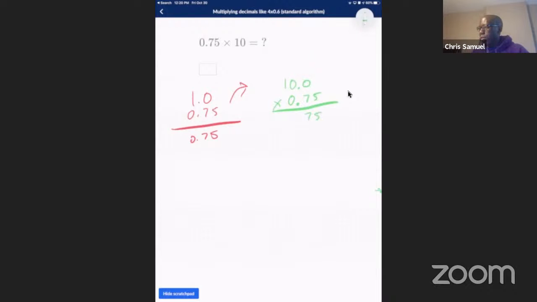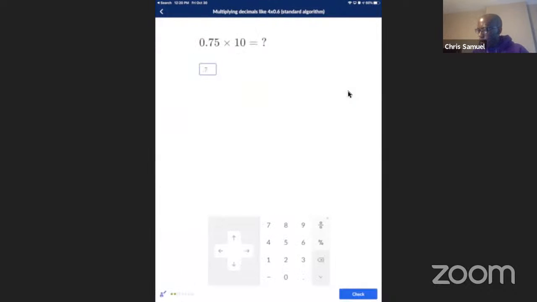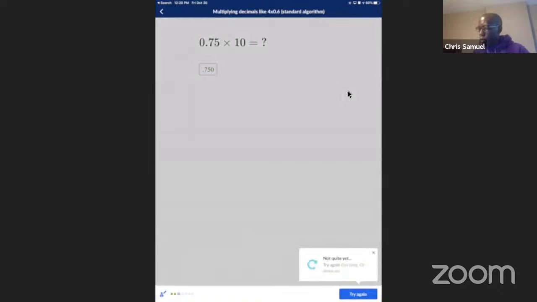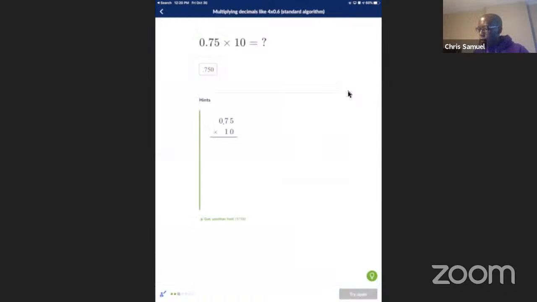Since we have an extra 0 here, probably going to have an extra 0 over here. So that's my intuition. Because 1 times 0.75 is 0.75, for 10 times 0.75 the 0 goes back here because we're multiplying by that. So let's see how that works. Oh, this doesn't work. So that basically shows us what to do first right now.